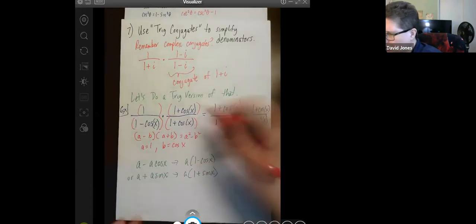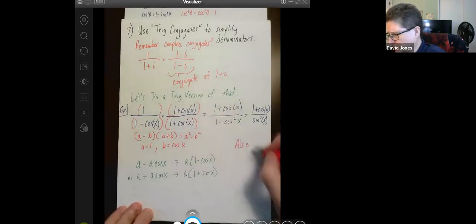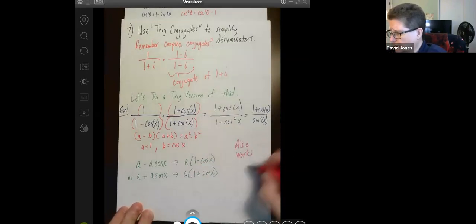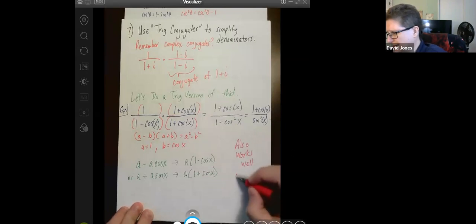And this idea also works well if we've got a secant x on bottom plus or minus 1, or cosecant x plus or minus 1.